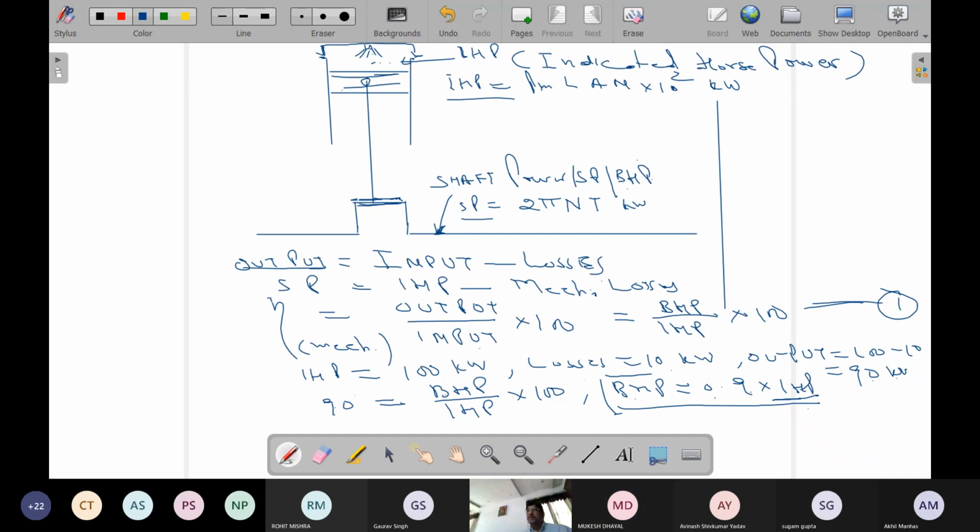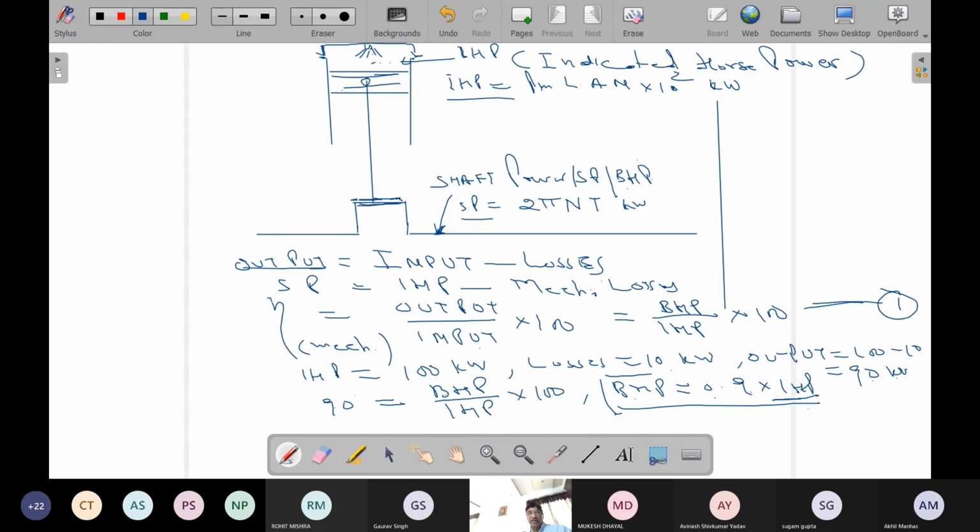Now 10 was just an example, there can be other types of losses too. Let us say transmission losses, which we have not of course discussed yet. But if the mechanical losses are 3%, what will be the BHP? 0.97 of IHP, correct? Yes, sir. So whether it is given 90% efficiency or 10% losses, the meaning is same. Whether it is given 3% losses or 97% efficiency, the meaning is same.